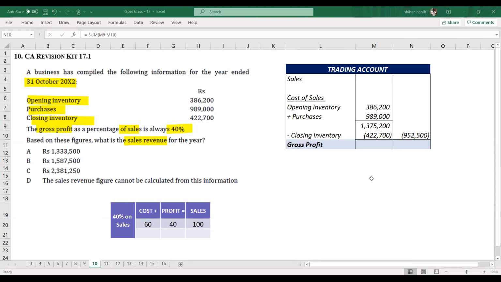How much is the sales? Right. So cost is 952,500. How much is sales?